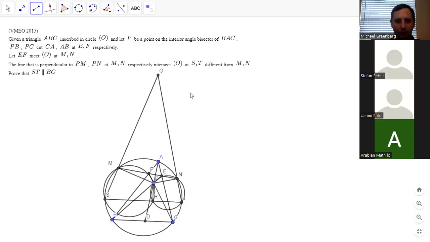So it's the same as showing that GP... So yeah, I guess first we show that GP and H are collinear, right? That is by the radical axis theorem. Okay. By the radical axis theorem, G... Oh yeah, you're right. Yeah, because SMNT is cyclic.